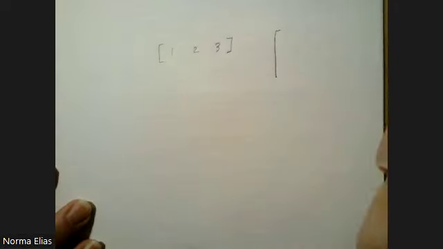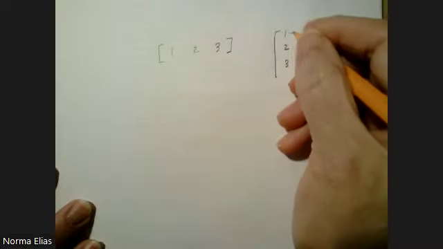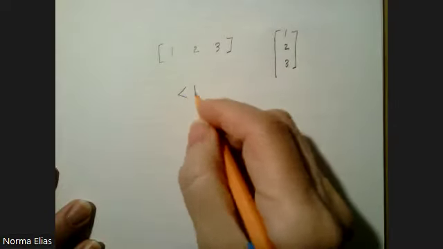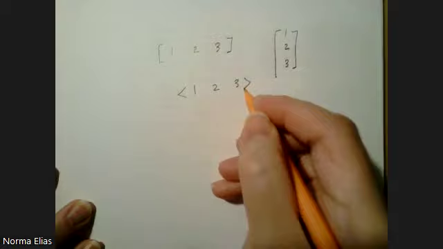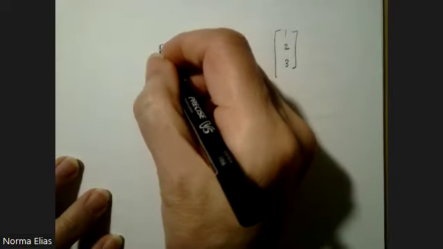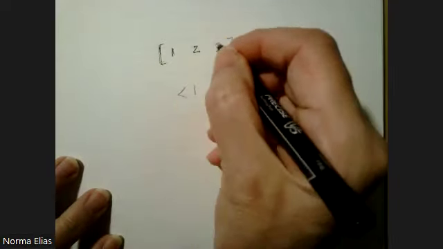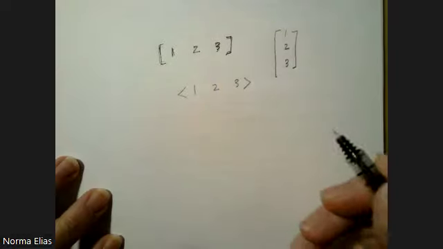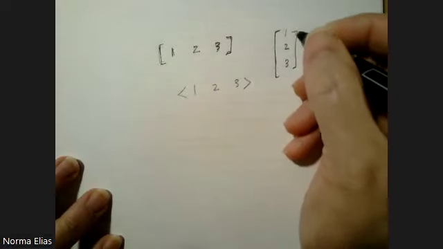We can write it as a column vector, 1, 2, 3. And sometimes people just write it like this. So a vector is nothing more than a collection of numbers, an ordered list. That's really the proper word. It's a list of numbers. It's ordered. It means 1, 2, 3 and 3, 2, 1 are different from each other. And it doesn't matter how you write them.